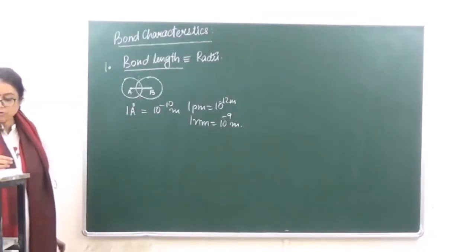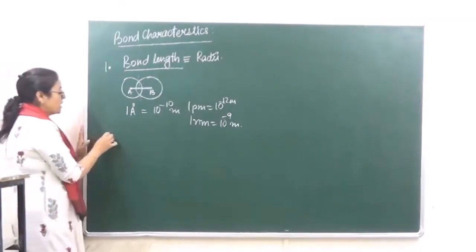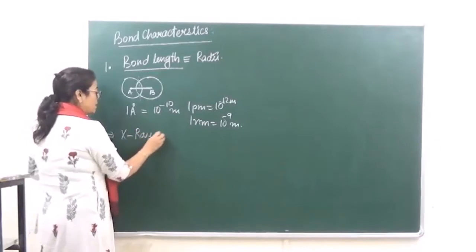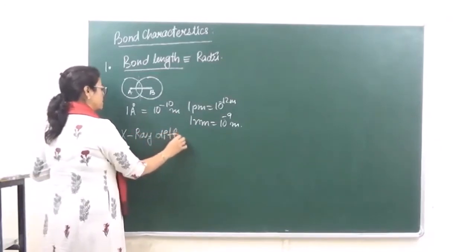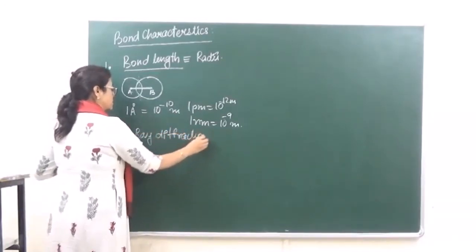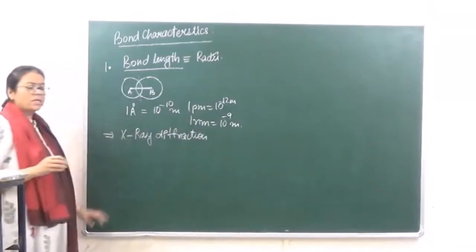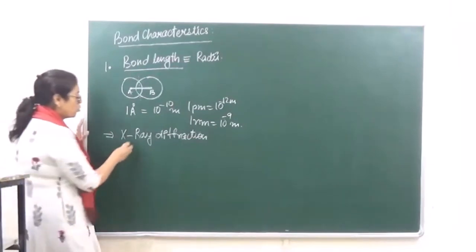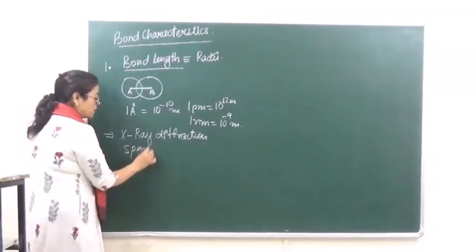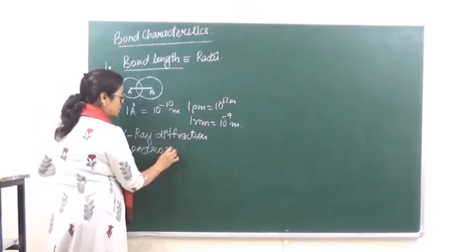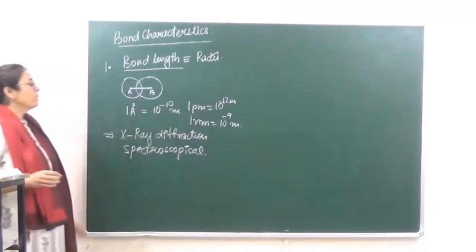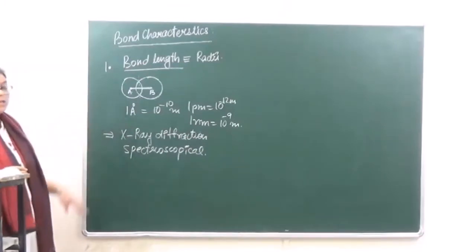Now when talking of bond length, we say that the bond lengths, they are measured by either X-ray diffraction studies, ठीक है, or by spectroscopical studies. So these are the two methods by which we are going to measure the bond length.